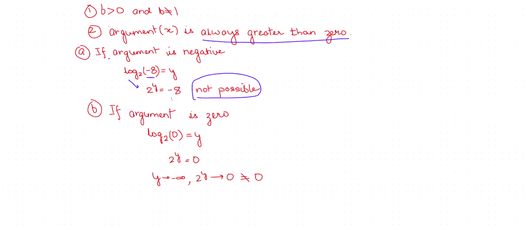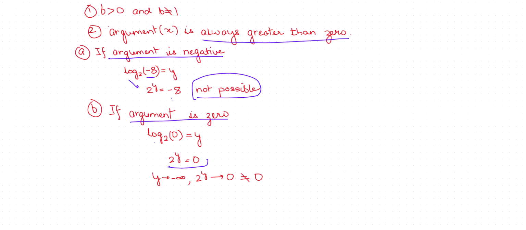Now, if we keep the argument as 0, this will be log base 2 of 0 is y. If we change it to exponent form, it will be 2 raised to power y is equal to 0.